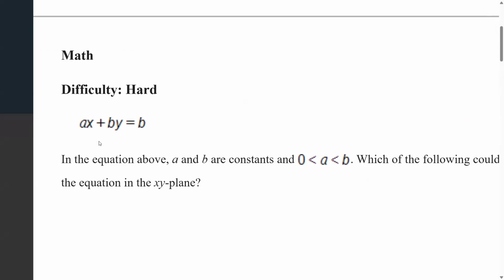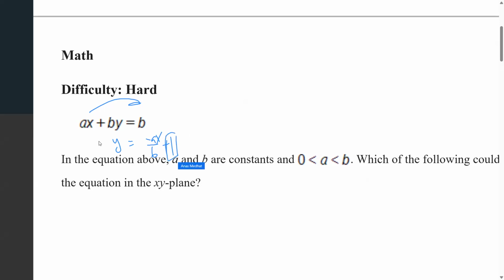All we care about is the y-intercept and the slope. Let's first divide the whole equation by a and shift ax to the other side. So y equals minus a over b x plus 1, right?